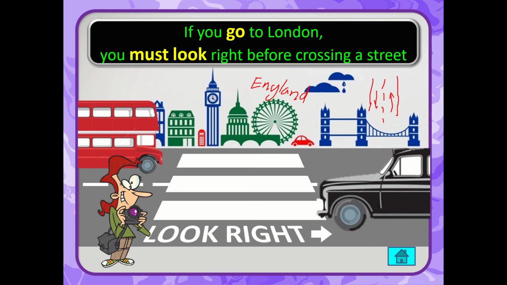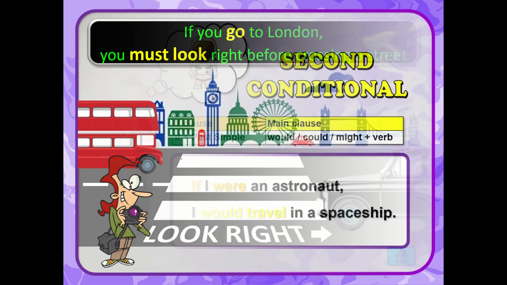On the right side of the street, people would drive up, and on the left side, people would drive down. But in London, it's the opposite. So it's confusing. So you must look right before crossing a street, okay? If you go to London.